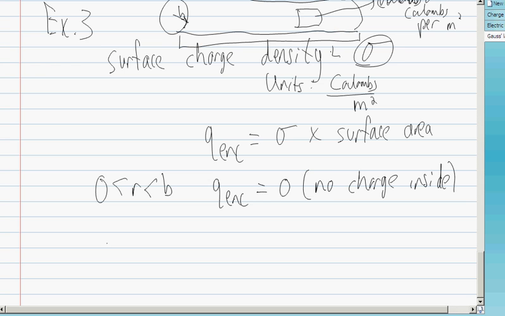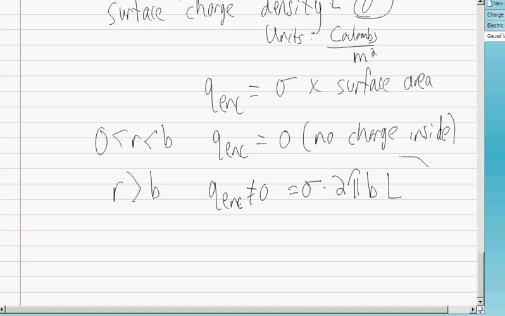However, if we have a radius that's bigger than B, Q enclosed isn't going to be 0. It's going to be equal to this surface charge density times the surface area of the cylinder, which is going to be 2 pi, not r, it's going to be b, because remember that's the actual radius of the charged surface, times L. Remember, this is actually fixed.